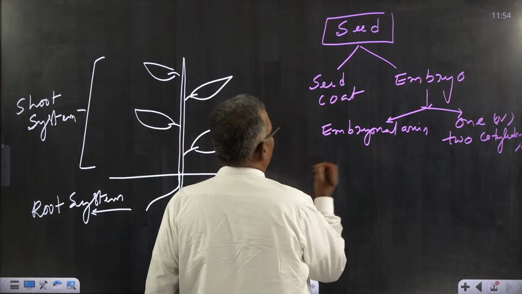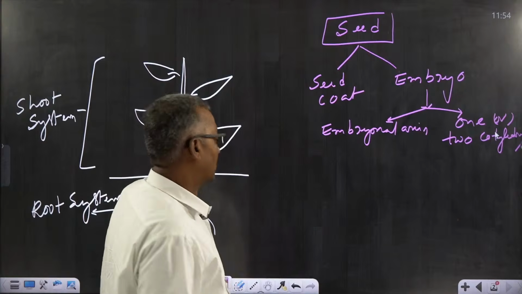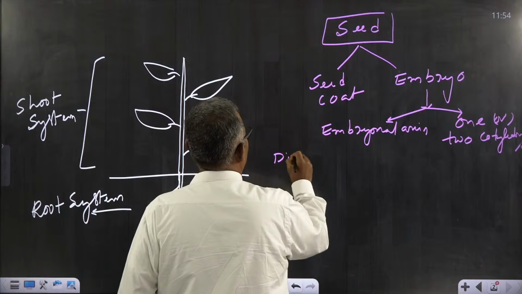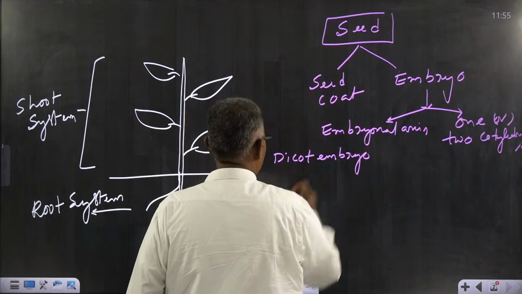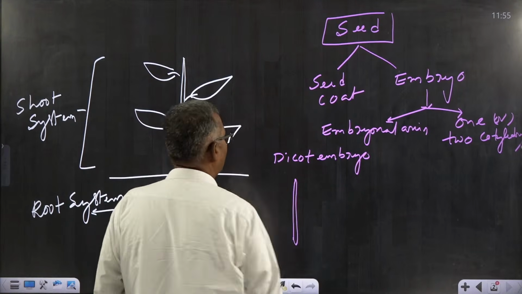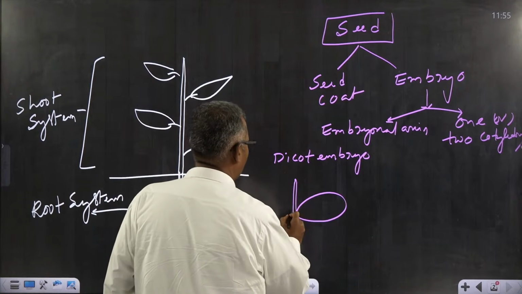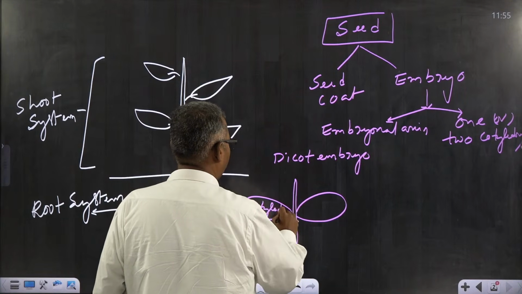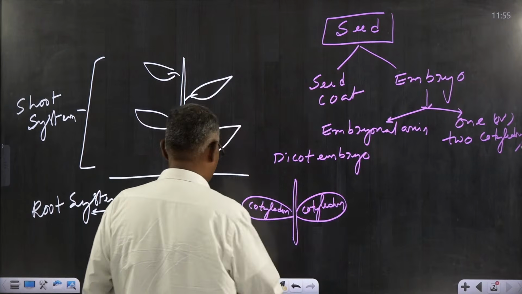Let me explain what is this embryonal axis and cotyledons. There are two kinds of embryos. Let us take first the dicot embryo. A dicot embryo contains, now this is the embryonal axis and these are cotyledons. This is one cotyledon, this is another cotyledon.